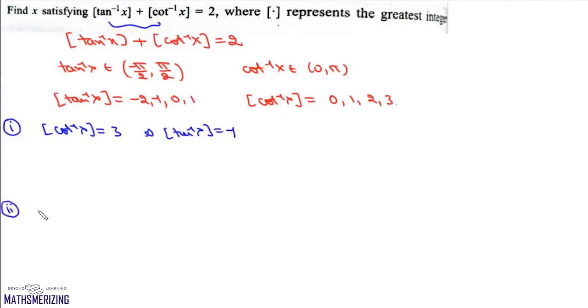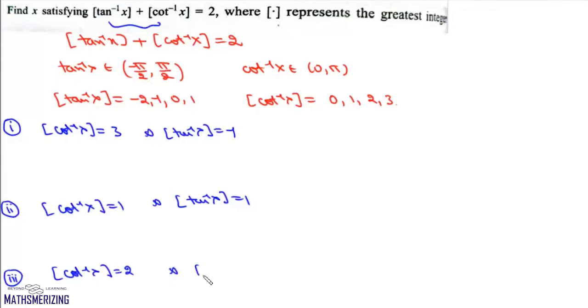Second case, when the greatest integer function of cot inverse x is 1 and the greatest integer function of tan inverse x is also 1. And then finally, the third case, when the greatest integer function of cot inverse x is 2 and the greatest integer function of tan inverse x is 0. Now we need to find simultaneous solutions for these conditions.